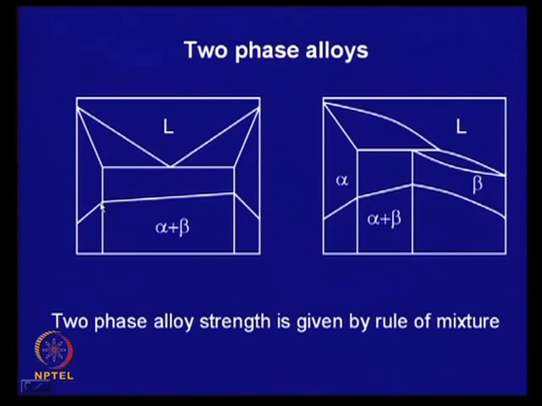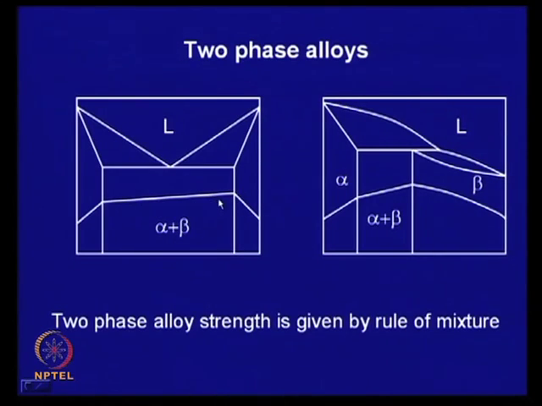So, this is the contribution of solid solution, and in between you have a mixture of two phases alpha and beta, and within this region the process of strengthening is one of, you can say, something like a composite strengthening. So, its strength increases from here to here like this.